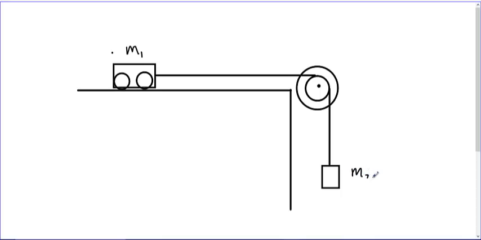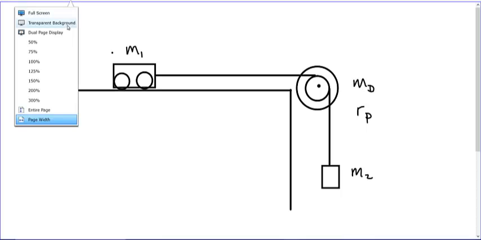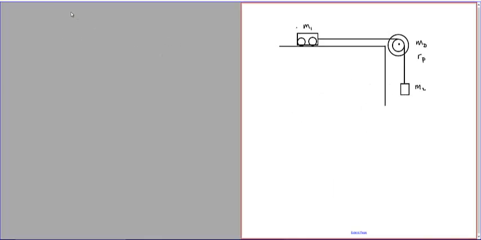We'll call this M2, the mass of the hanging mass. Then we have the mass of the disc, and the radius of the pulley. We're just going to do this all in variables so that when we measure this stuff, we can use the equation.